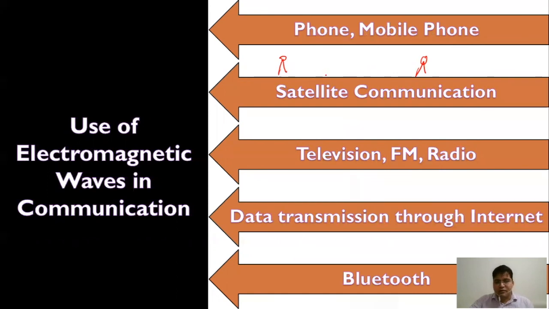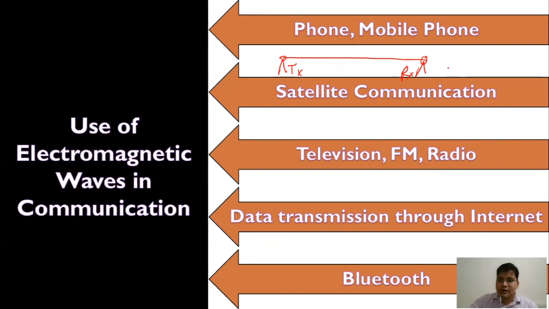In terms of engineering, there are two types of communication. One is wired, meaning both transmitter and receiver are connected with a wired medium; there may be optical fiber, or coaxial cables. That is the wired communication method.